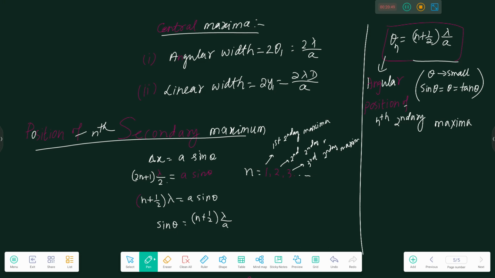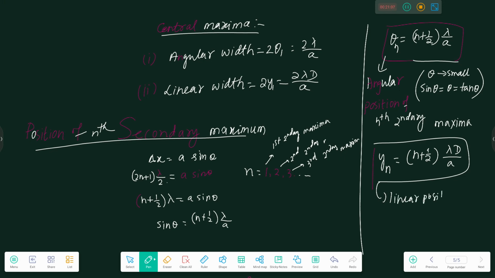Similarly, if I want to find yn, it is n plus 1 by 2 lambda by A, and I will multiply by capital D. This will become the linear position of the nth secondary maximum.